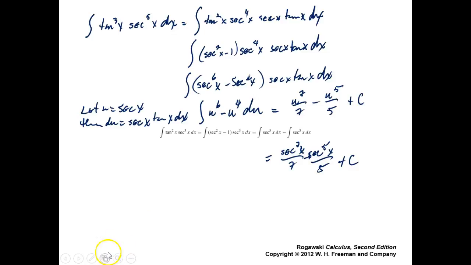Can I go and erase this? Okay. All right. Here's the one. The integral of tangent squared x secant fourth x dx. Okay?